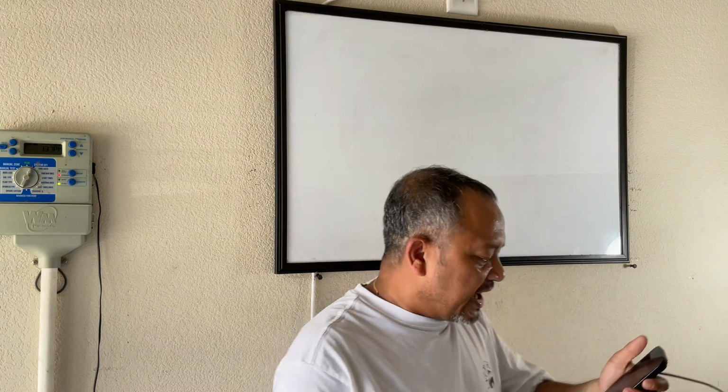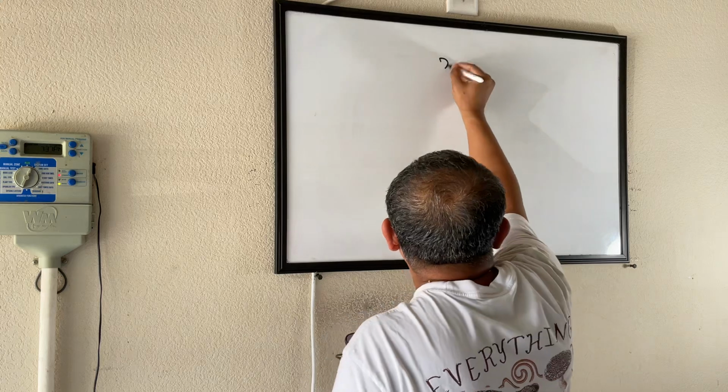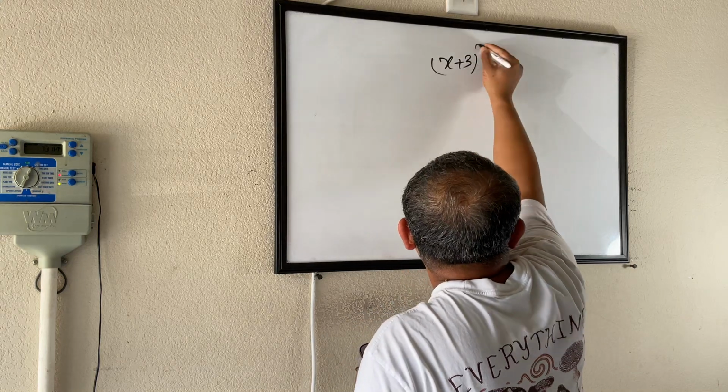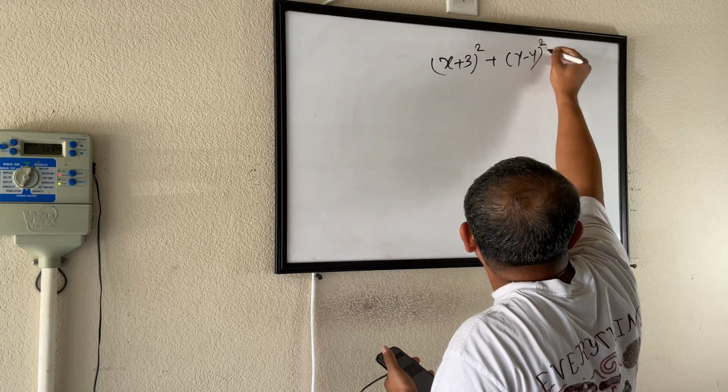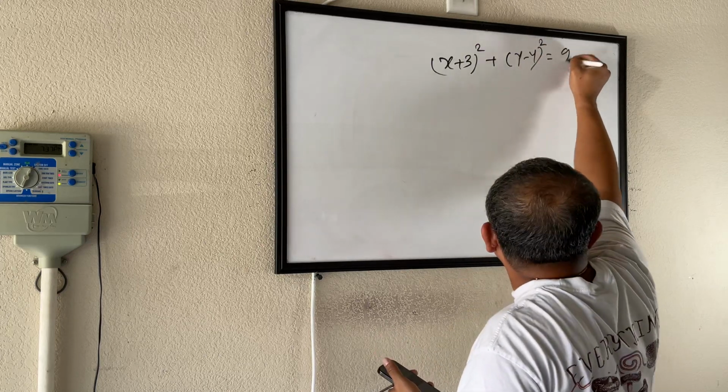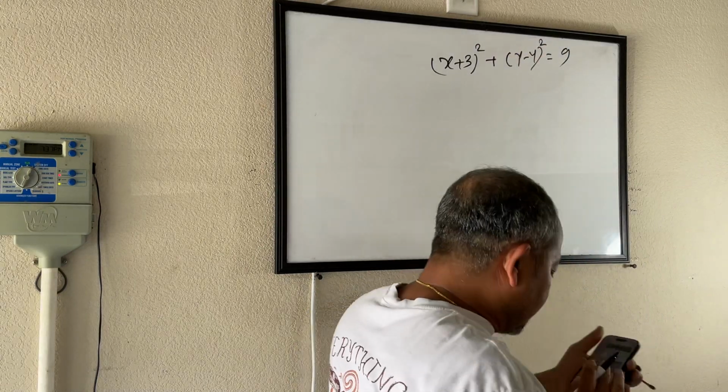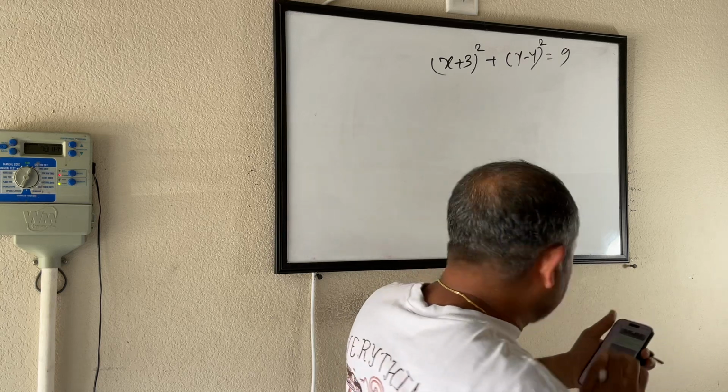Next question is (x plus 3) squared plus (y minus 4) squared equal to 9. A circle in the xy plane has the equation shown here.